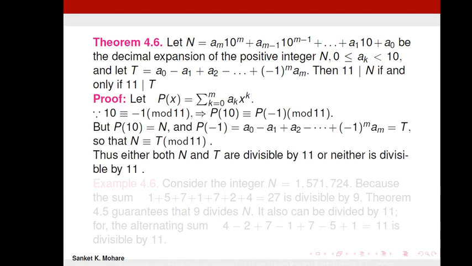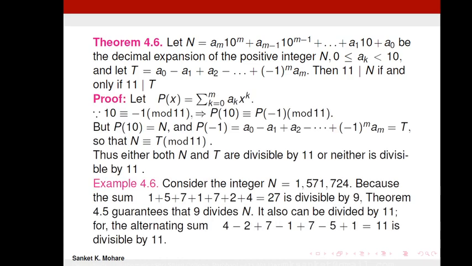Consider the integer n = 1,571,724, because the sum 1 + 5 + 7 + 1 + 7 + 2 + 4 is equal to 27.